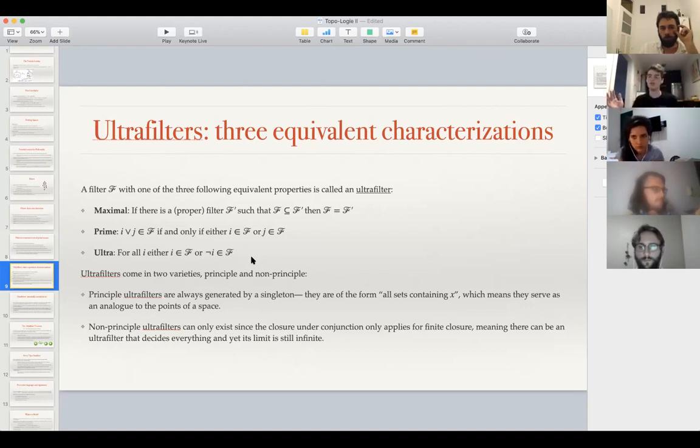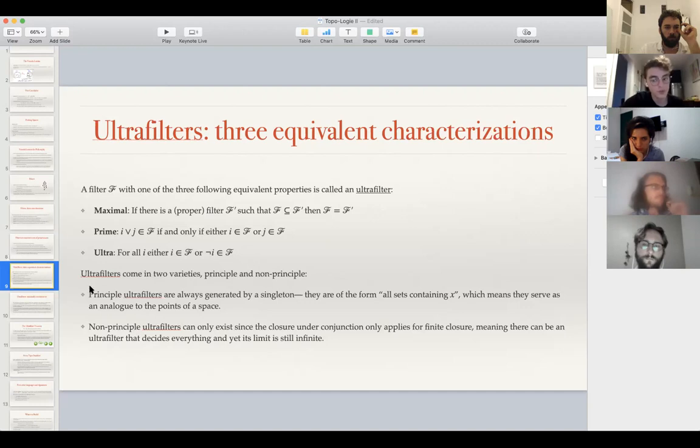Otherwise, it's just going to be everything and it's trivial. So this is the sense in which an ultrafilter is maximal: if you have even one element whose complement is in it, then by conjunction you automatically have the empty set. And then it breaks down, so it's uninteresting at that point.